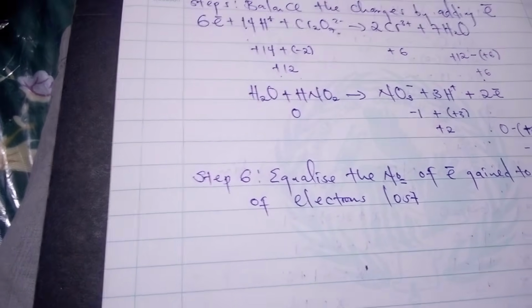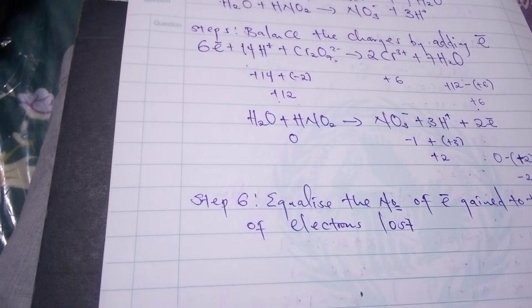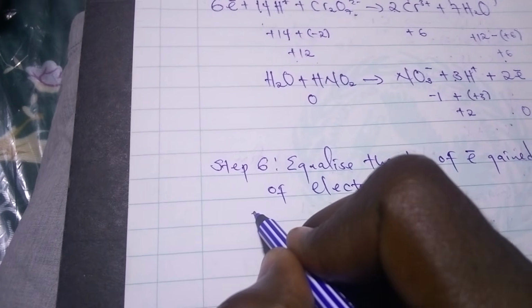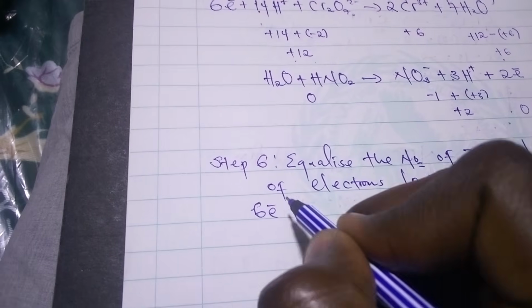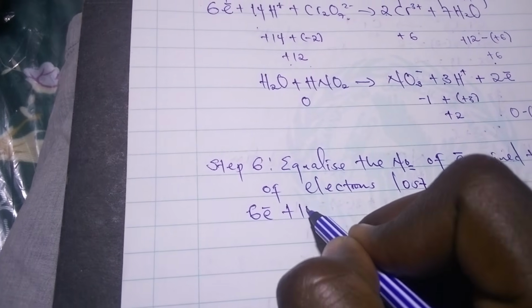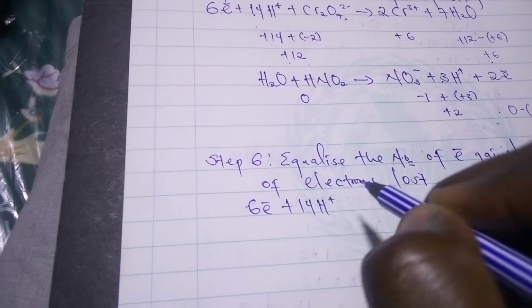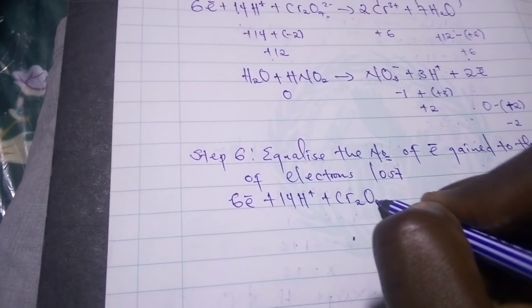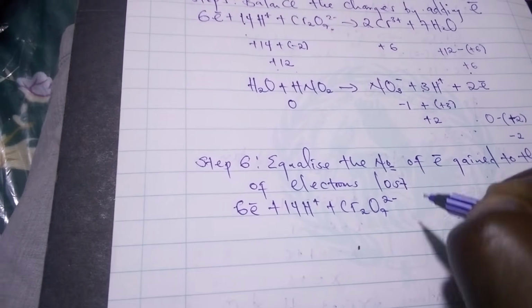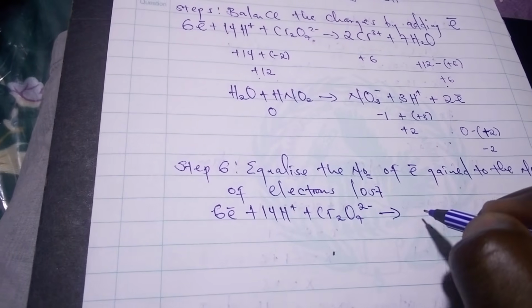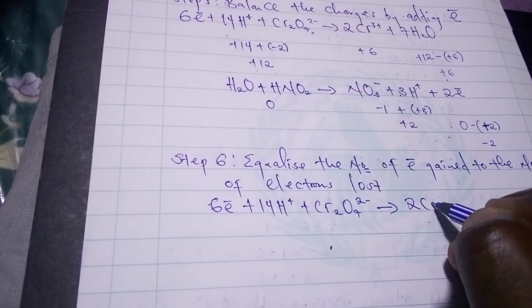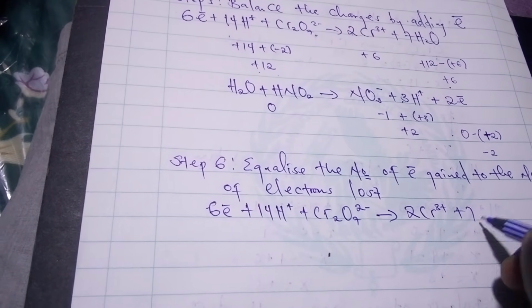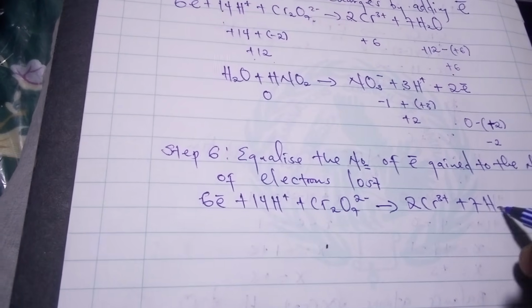We are going to rewrite the same equations of reactions. So that is 6 electrons plus 14 H+ ions plus Cr2O7 2- producing 2 Cr3+ plus 7 H2O.